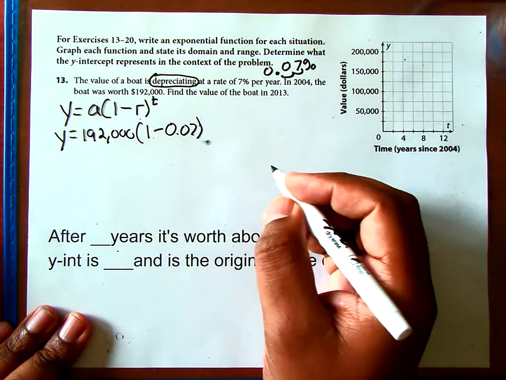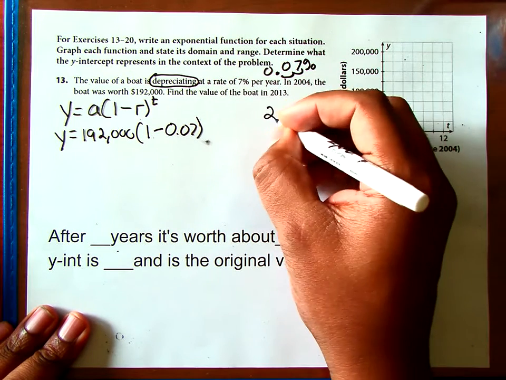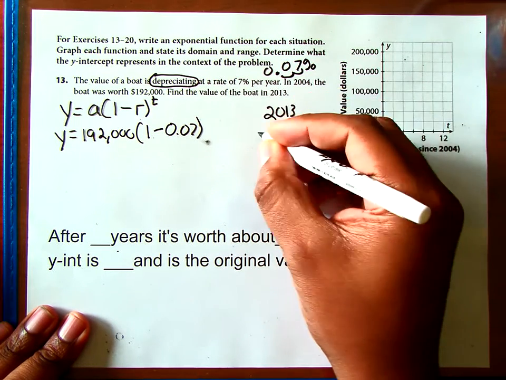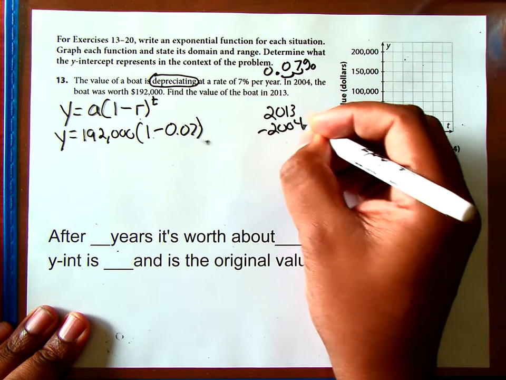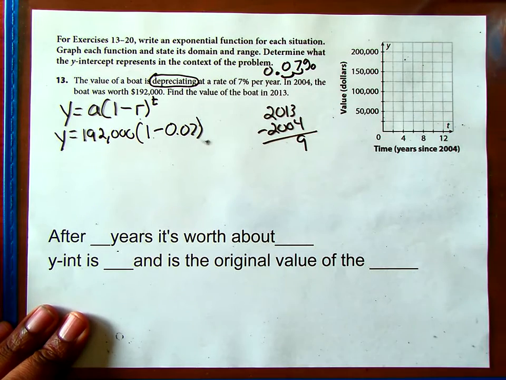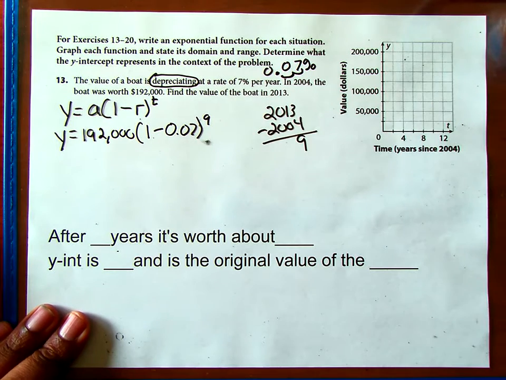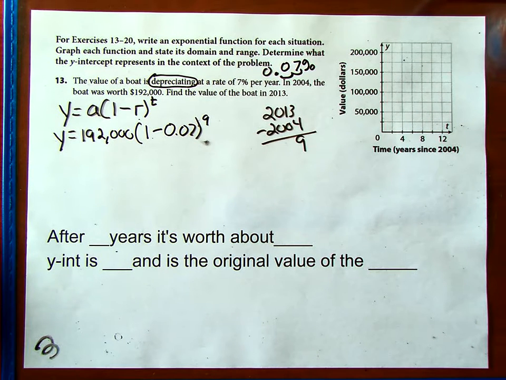Now I'm going to raise it to t, and t is the number of years. Well, how many years would it depreciate? Well, you can get that by doing 2013 minus 2004. And that's going to get you 9 years. So I'm going to take that and raise this to the 9th year. So now I have my function of decay here.